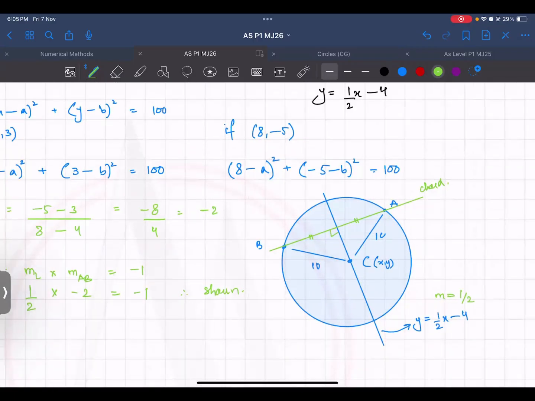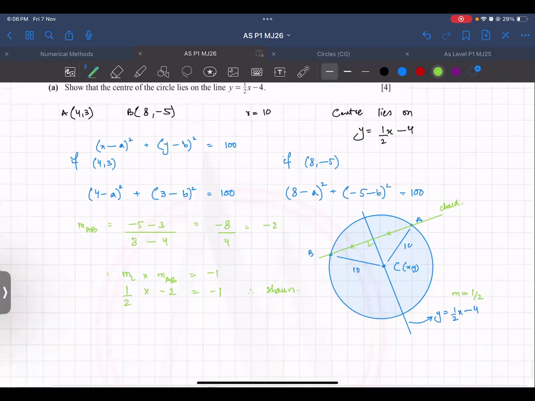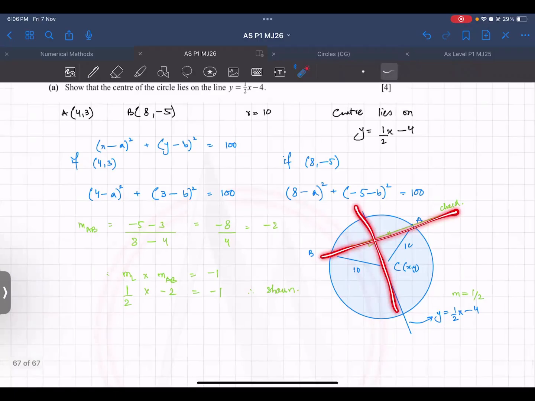But how would we know that it is passing through the center? We have shown that the line they have given you and the chord are perpendicular. Now how can we show that it is passing through the center? We will see whether it is bisecting the chord or not.